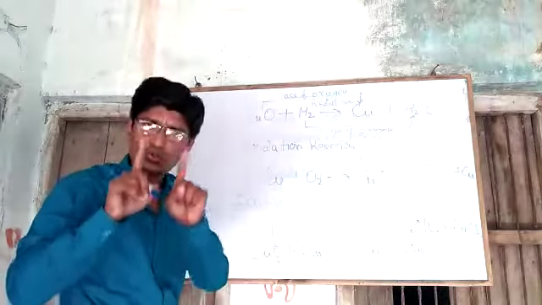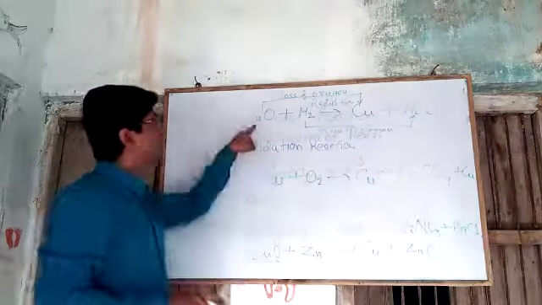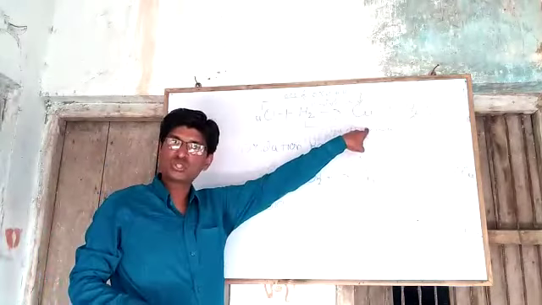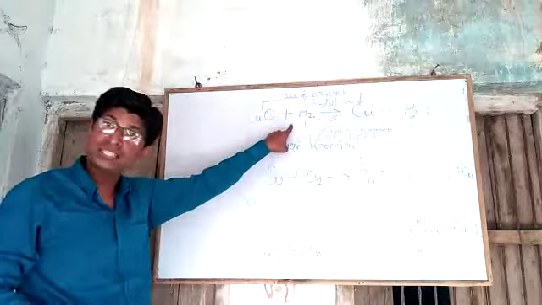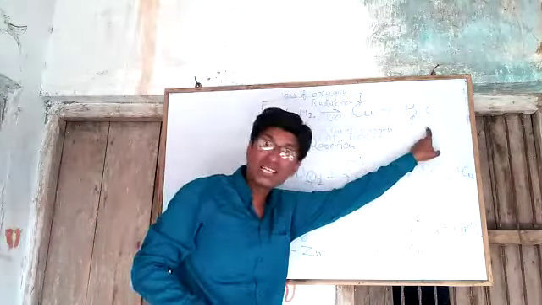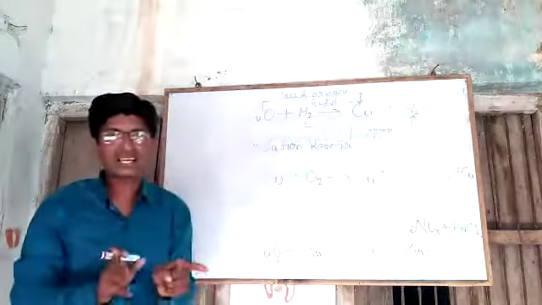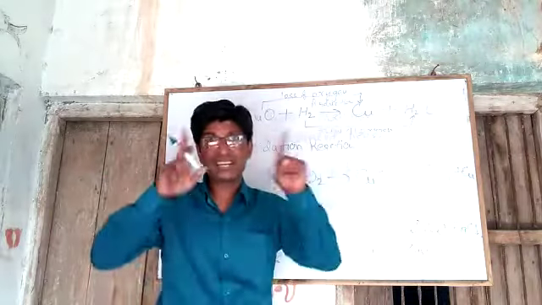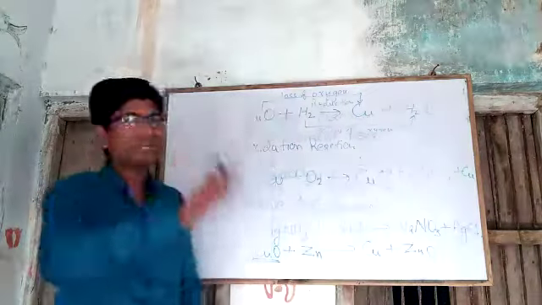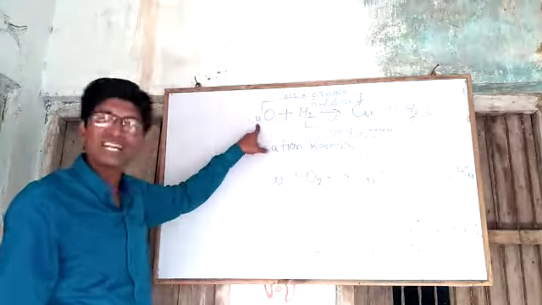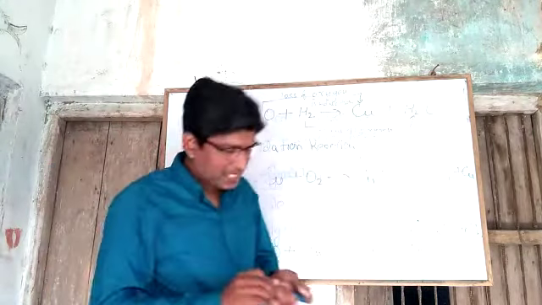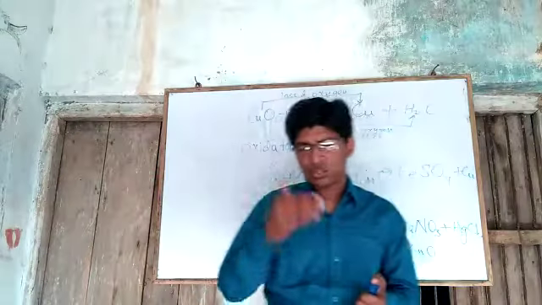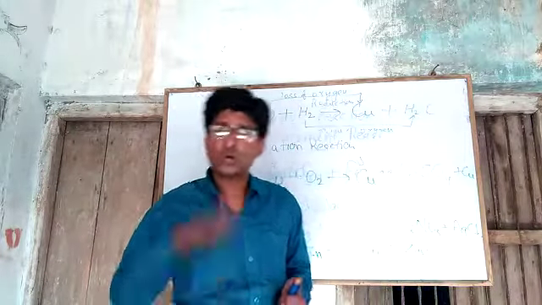So now it may be clear that copper oxide gets reduced to produce copper and hydrogen gets oxidized to produce water. Since in this reaction both oxidation and reduction take place, this is an example of redox reaction.